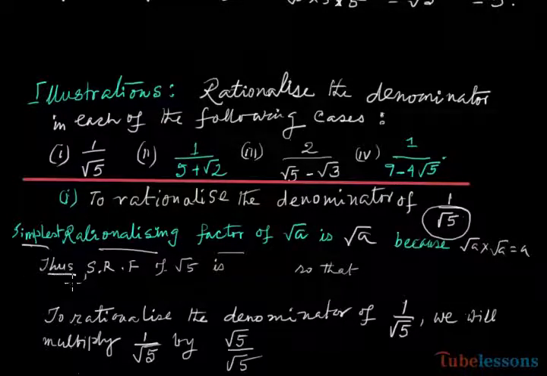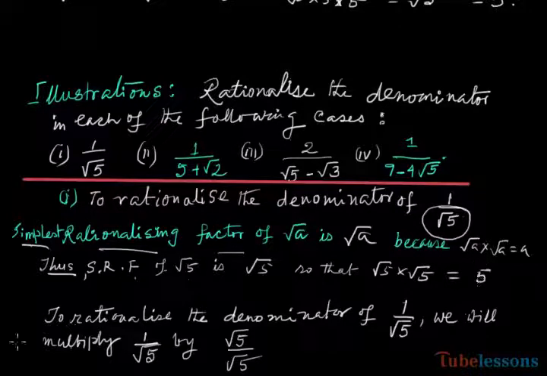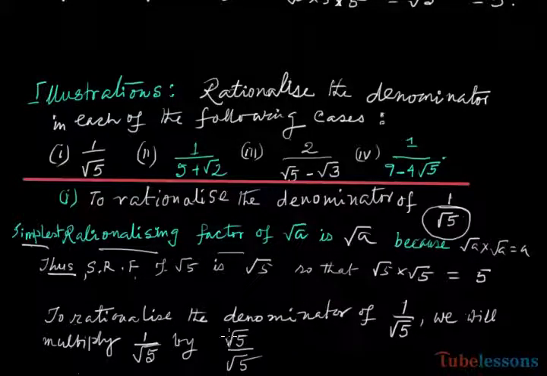So the rationalizing factor of root 5 is root 5, so that root 5 into root 5 equals 5. To rationalize the denominator of our sum 1 by root 5, we multiply both numerator and denominator with root 5.